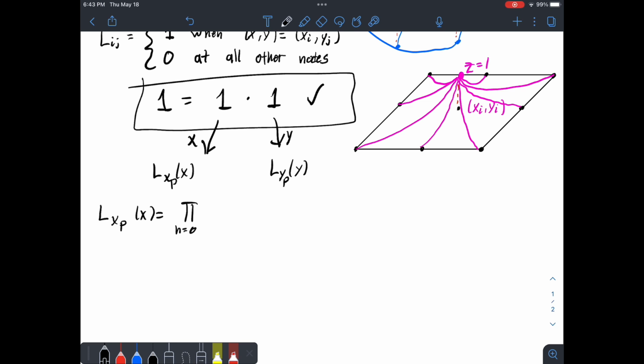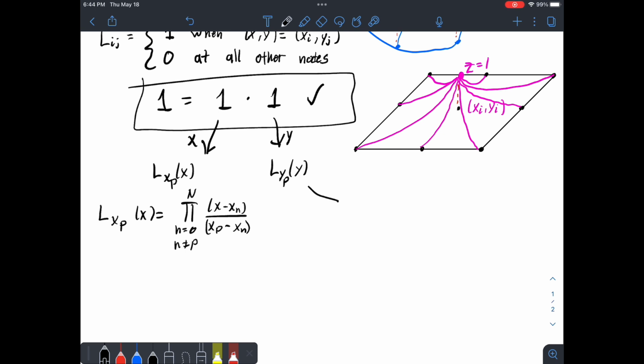From n equals 0, n not equal to p, up to capital N, the number of points in the x direction, we have x minus xn over xp minus xn. So this should look familiar. This is exactly the same thing that we did last time.